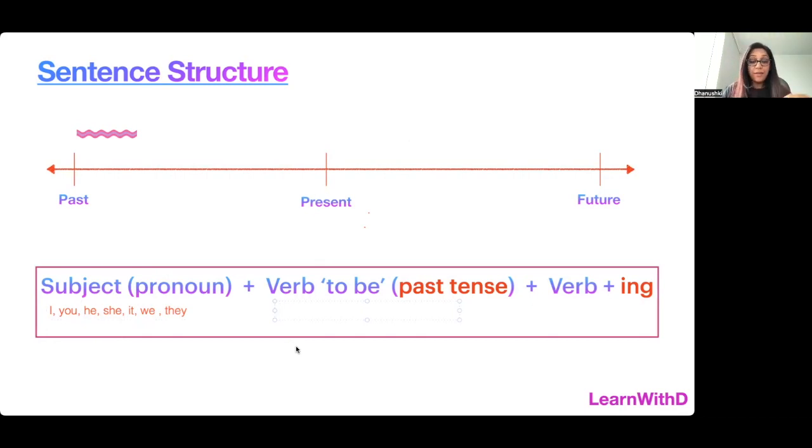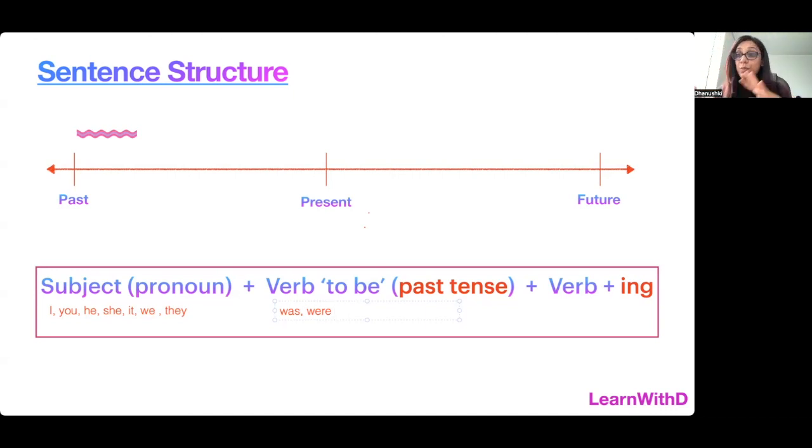So then what are the verb to be forms in past tense? If it's I, was. If it's you, were. He was. She was. It was. We were. They were. Again, if you're not familiar with this, please watch the verb to be video before you continue.